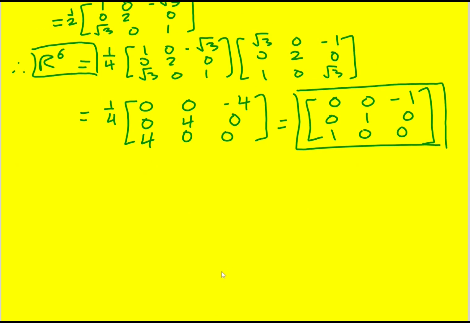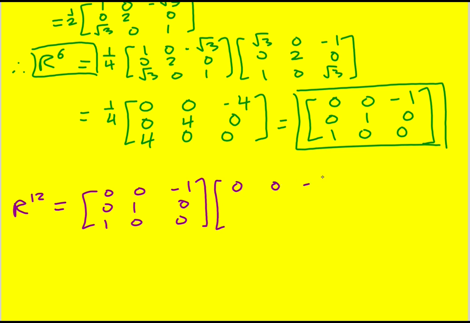Let's keep going. So now I've got r to the 12, but that's just going to be r to the 6 times itself. And suddenly, with all these root 3's gone, I think this is going to be an easier calculation. And the fractions are gone.